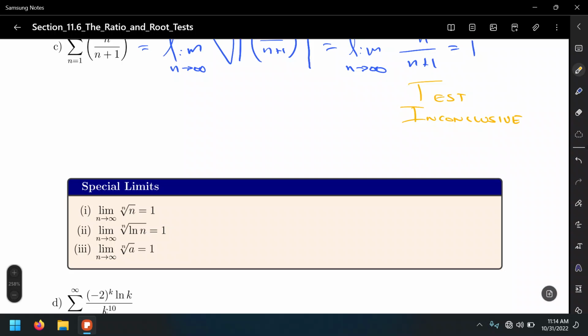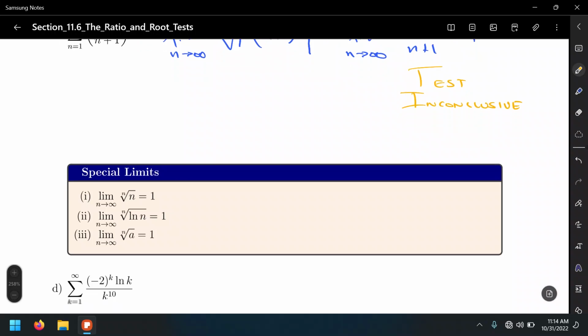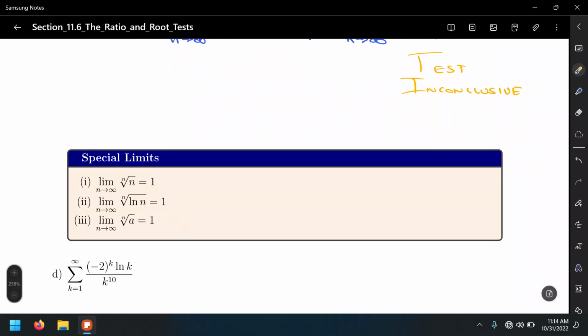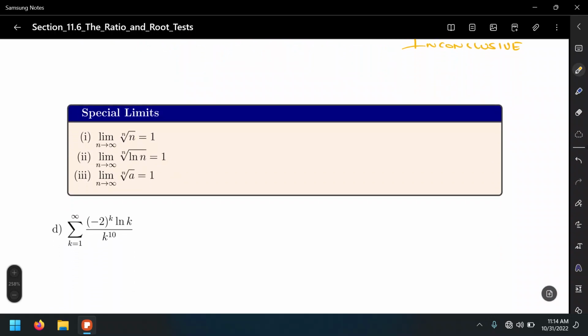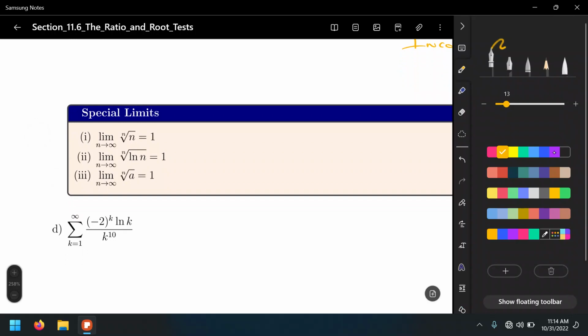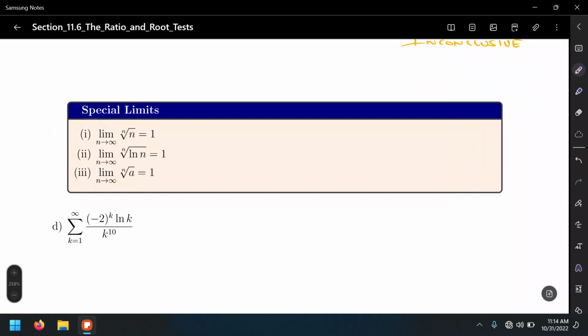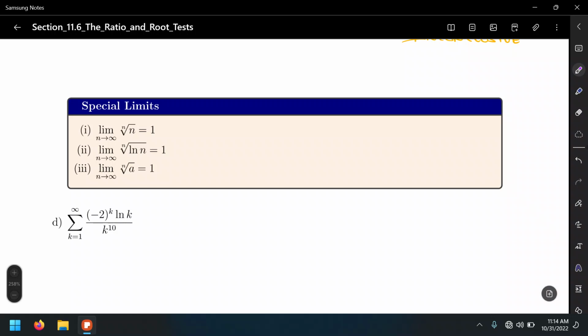So you don't have to compute these limits using L'Hopital's rule because those are some of the weird ones that will take a good minute. Just to verify the indeterminate forms that these limits give rise to, that's the same as saying the limit of n to the 1 over n.